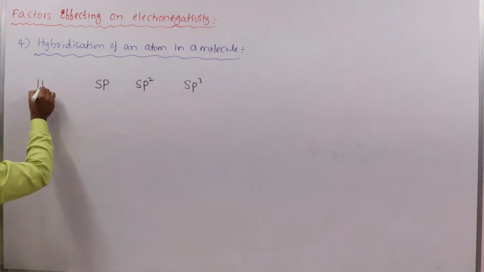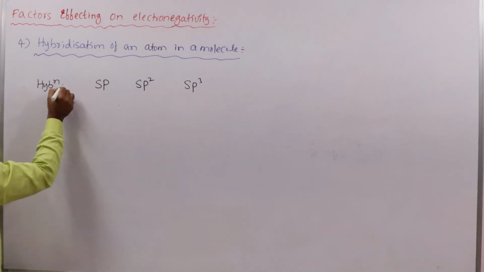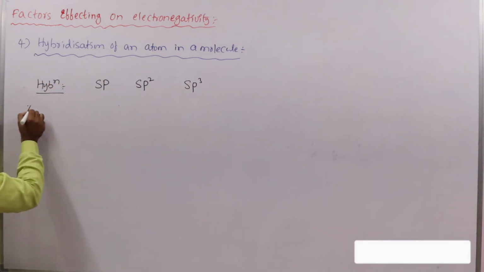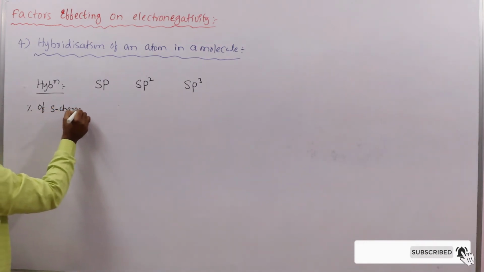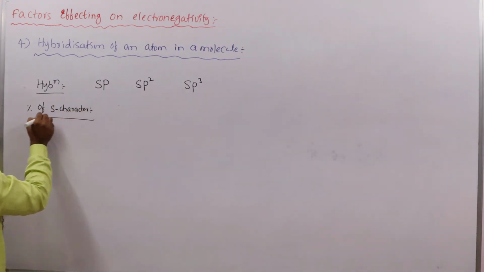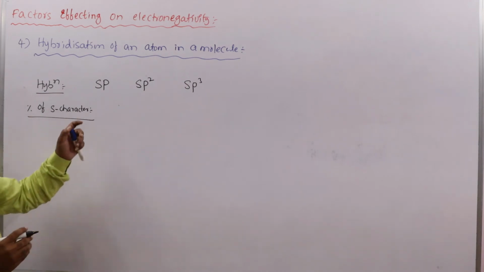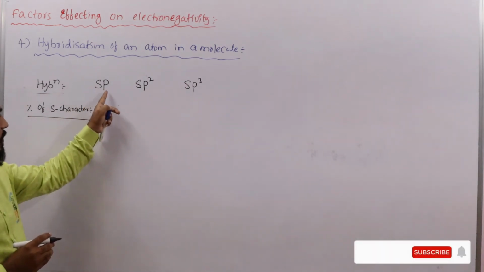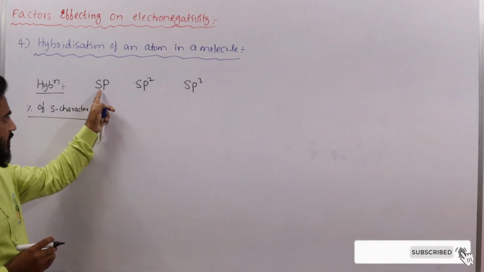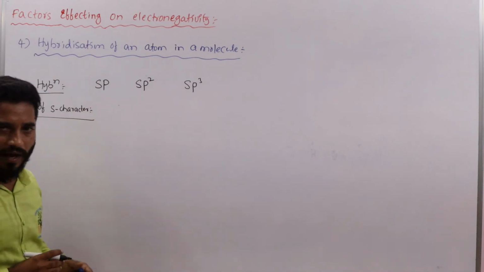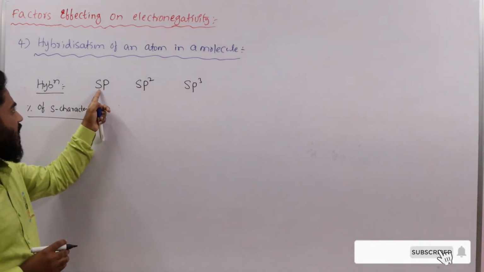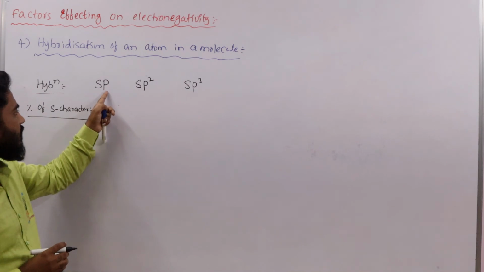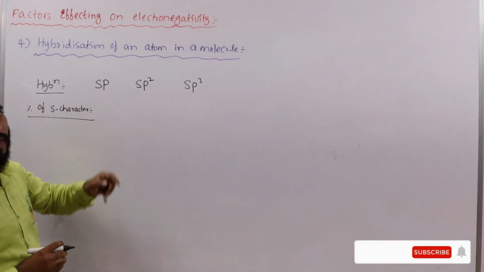It is the percentage of s character. In sp hybridization, two orbitals are there, one s orbital and one p orbital.